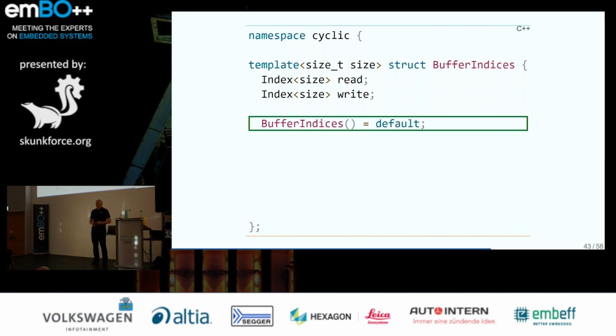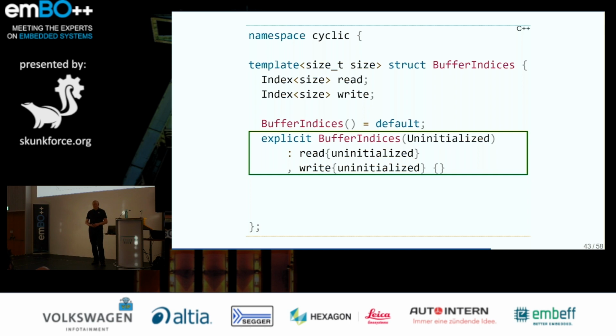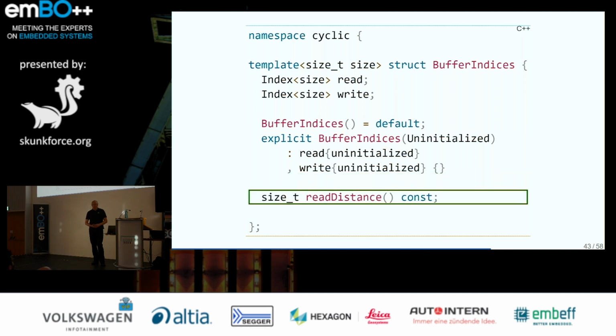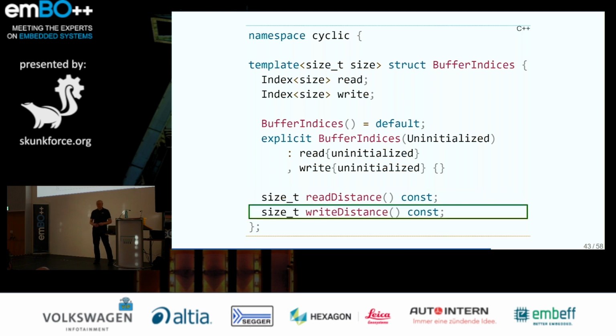And we do the same trick with the uninitialized constructor. So we forward the uninitialized values. And then there are 2 methods that are extra here. Now we have 2 indices, we can basically calculate the distance between the read and the write index. And this is the capacity or the size we can consume, or the size that is still available to write.